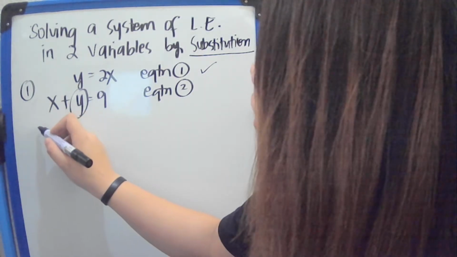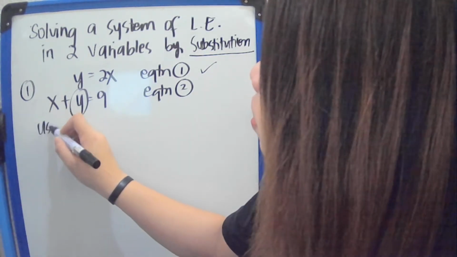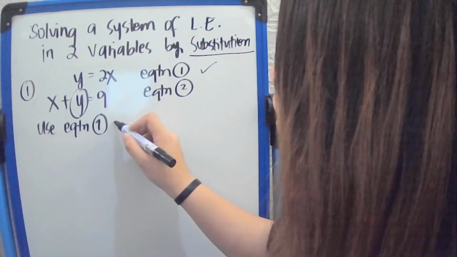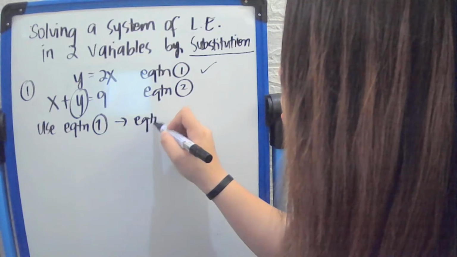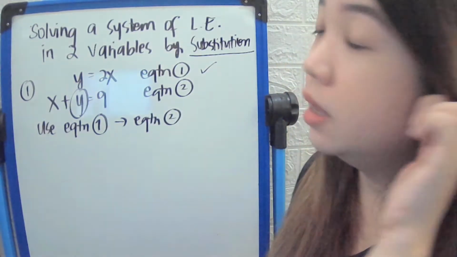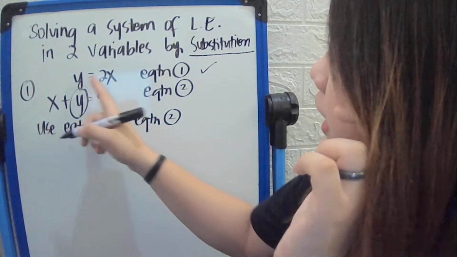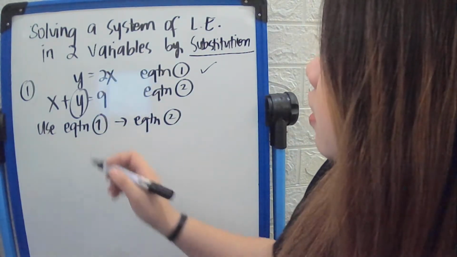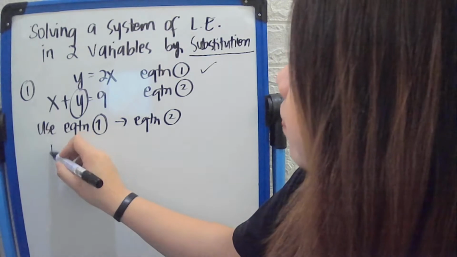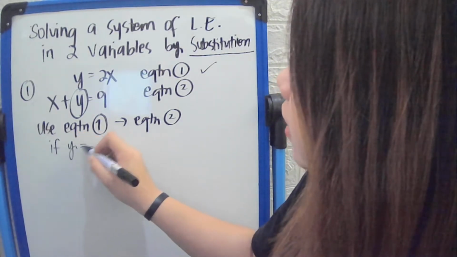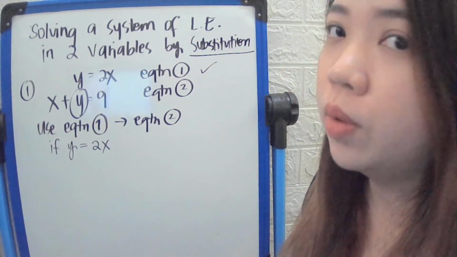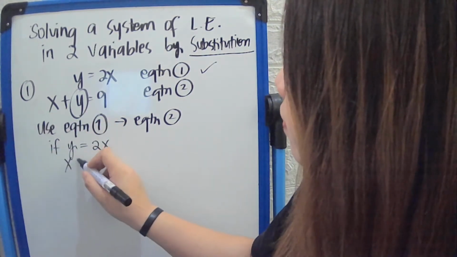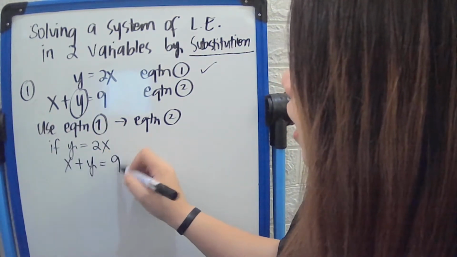So, for your step 1, use equation 1 kay equation 2. Okay? So, here, your equation 1 is y equals 2x. So, ang gagawin natin, if y is equal to 2x, that is your equation 1, sa equation 2, x plus y is equal to 9.